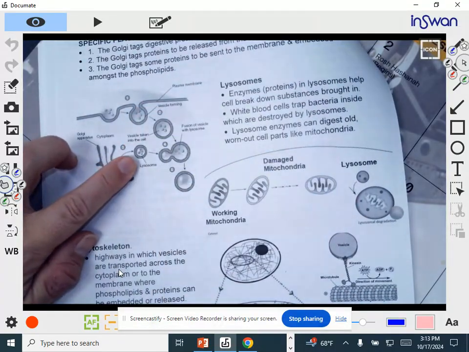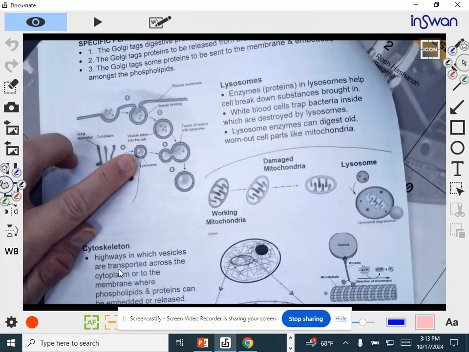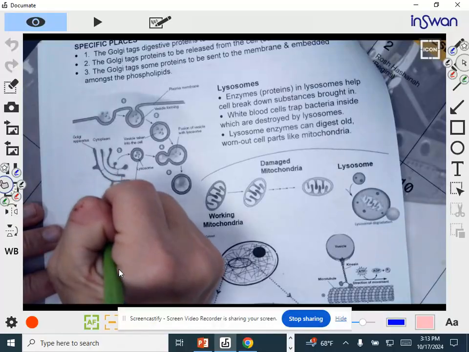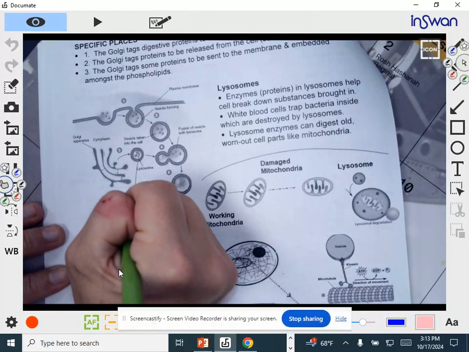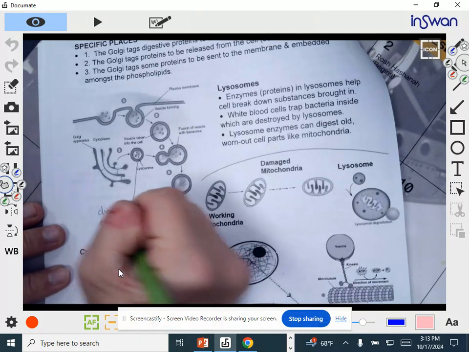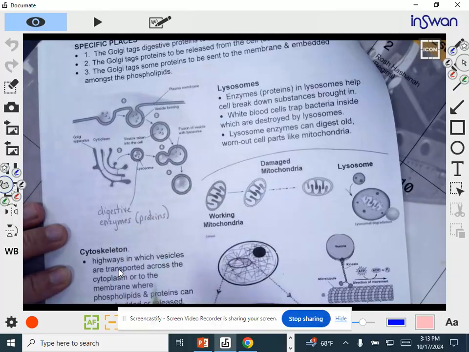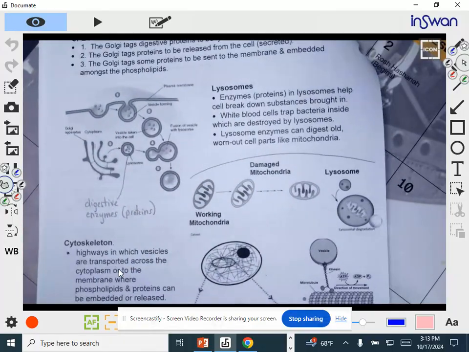Lots of times lysosomes are going to look like a chocolate chip cookie. And inside of that, those little dots they put inside, those are digestive enzymes. They can break down molecules. Remember, enzymes, we learned, are proteins. So the Golgi can send those digestive enzymes to the lysosome.